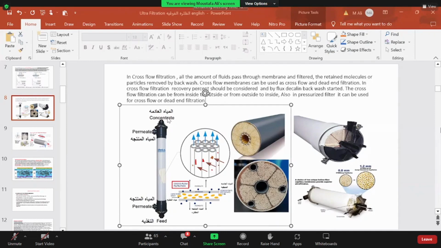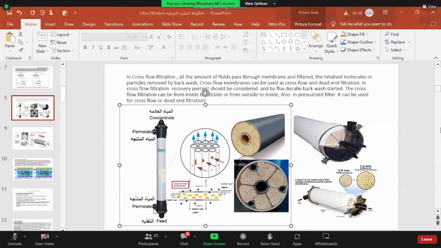What happens if we close this retentate outlet? If we close the retentate outlet, it will work as dead-end filtration in such a case. So this system can work as dead-end filtration or as cross-flow filtration. At the same time, we have another point: here we stated that this is the feed side and this is the retentate side.